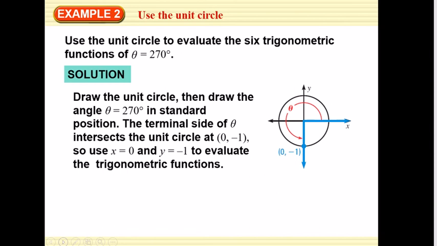Alright, so if I were to draw out in standard position, starting on my x-axis, and then continuing around, I get to 90, 180, and then another 90 degrees is 270. And so it falls exactly on the point 0, negative 1.